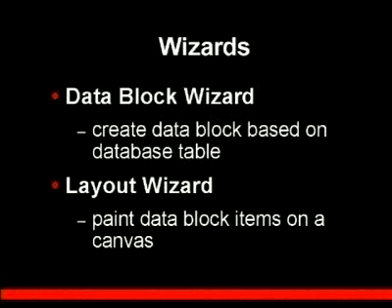So the data block wizard basically creates a data block based on a database table, and that's to create the data block, which we discussed before in the main items in lecture 1. And the layout wizard, now this basically takes those items that you've created in the data block and it paints them on the canvas.